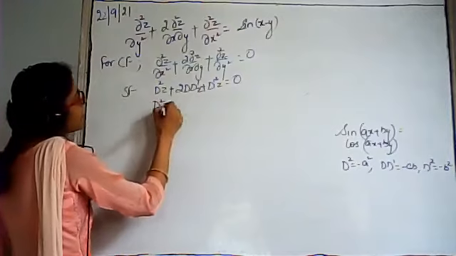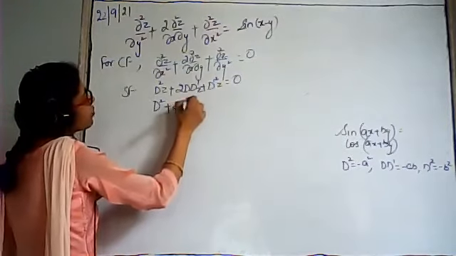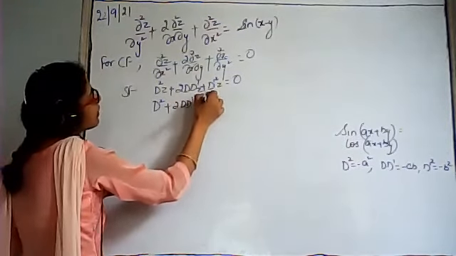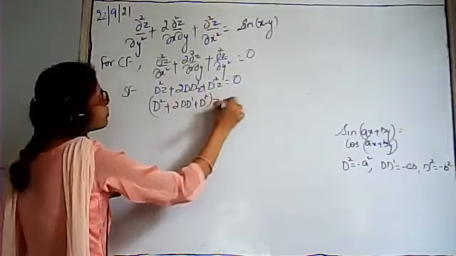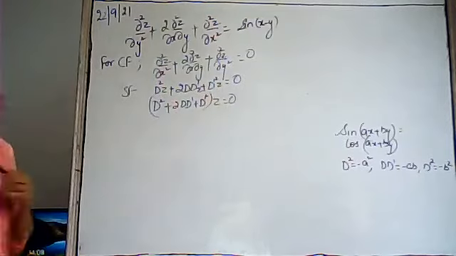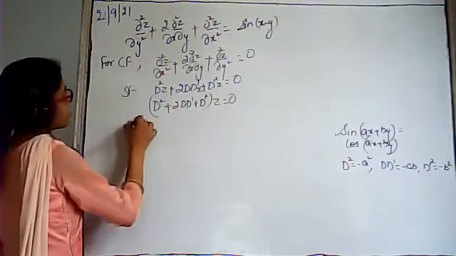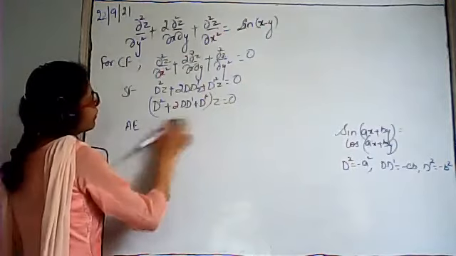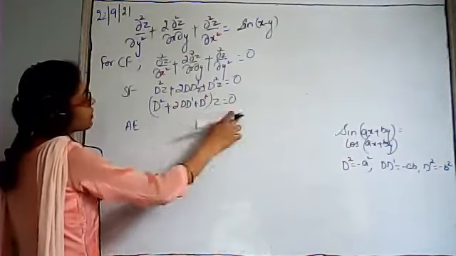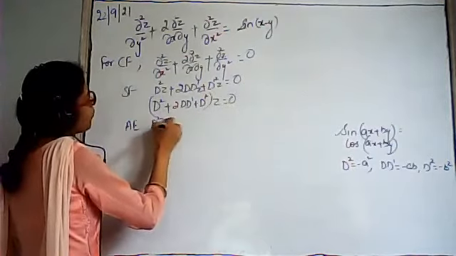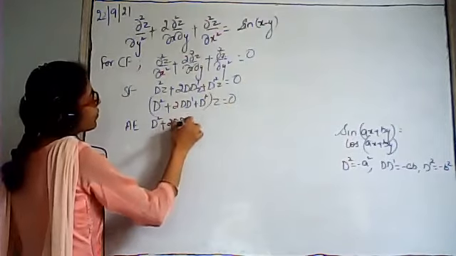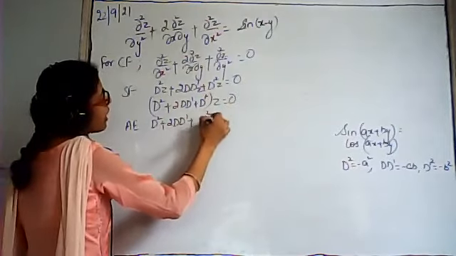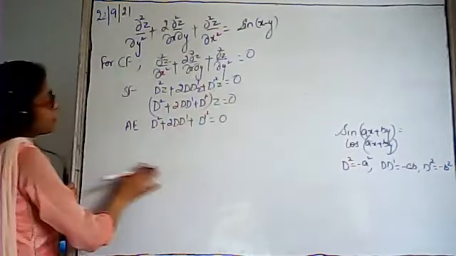Taking z common, after that we have to find the auxiliary equation. What is the auxiliary equation? If we equate the coefficient of z to 0, the equation so obtained is known as the auxiliary equation. So it will be D² + 2DD' + D'² = 0.